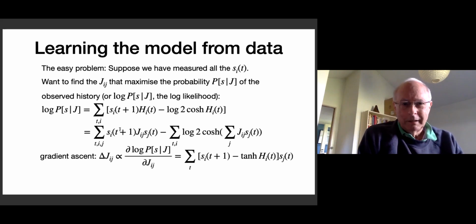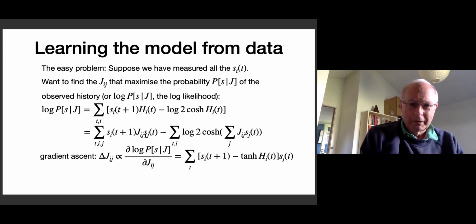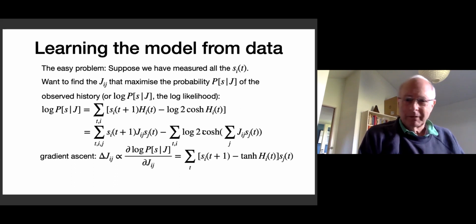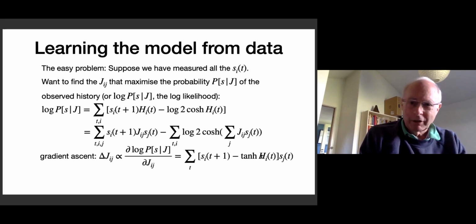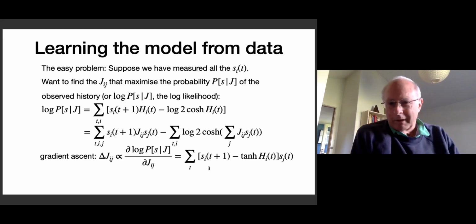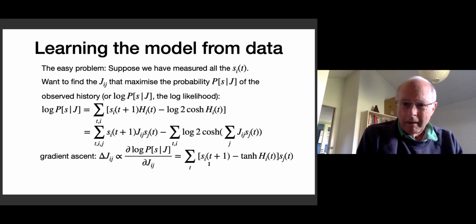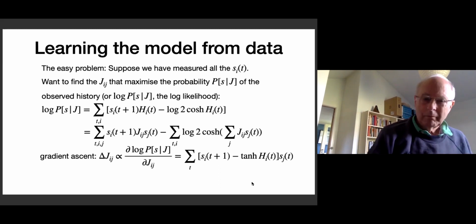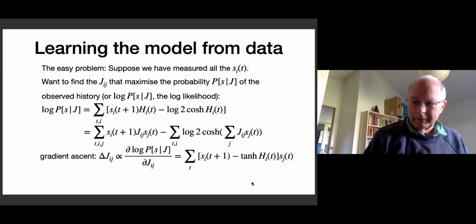And differentiating that, from this term you just get S_i of t plus 1 times S_j. Differentiating log cosh, as we have said, gives you the hyperbolic tangent of h. And you have to differentiate h with respect to J, and that gives you the S. So it's this common thing you find all over learning theory: the error on the output, what it turned out to be minus what you expected it to be on the average, multiplied by the input. Okay, and that's very easy to implement.